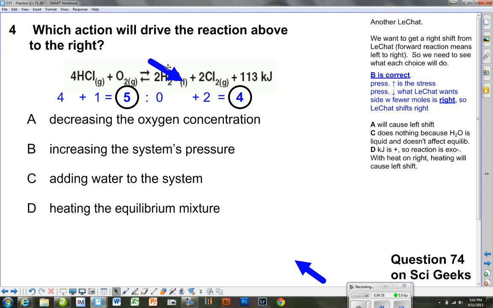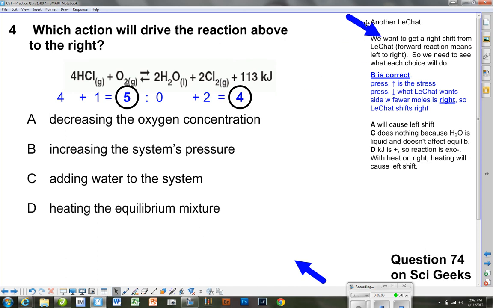They don't affect the equilibrium. That's why we don't put them in the equilibrium expression. And of course we have heat on the right, so this is exothermic. And actually the more important thing is when this kilojoules is on the right, it's plus to be exothermic, it's minus to make it endothermic.